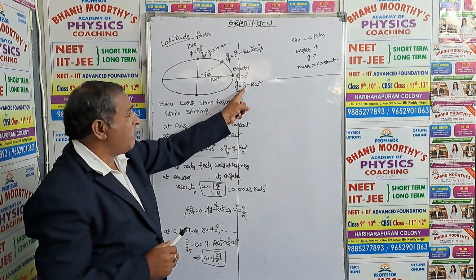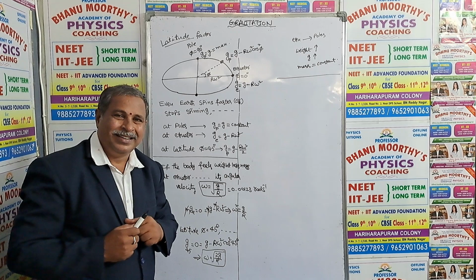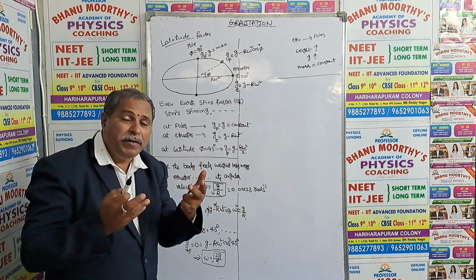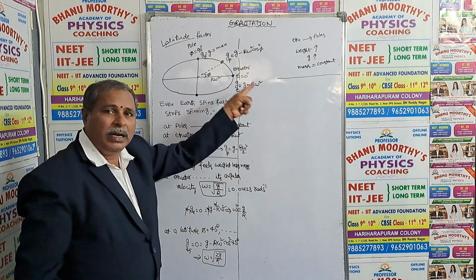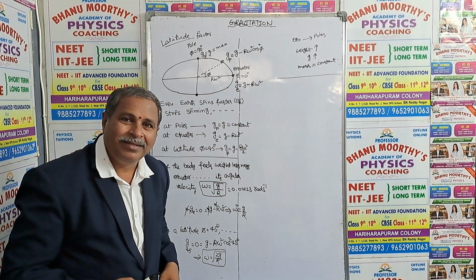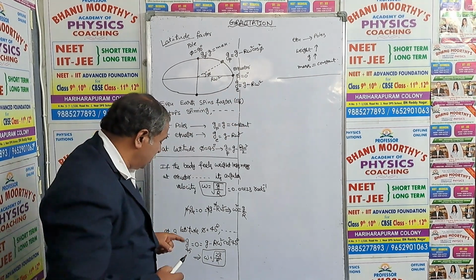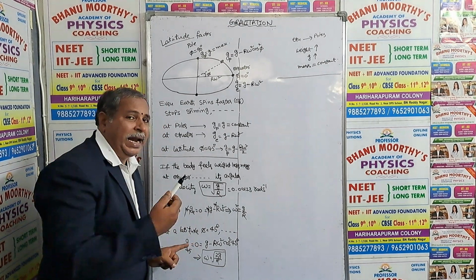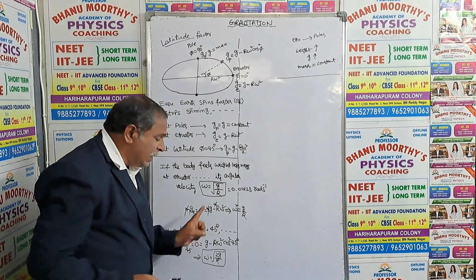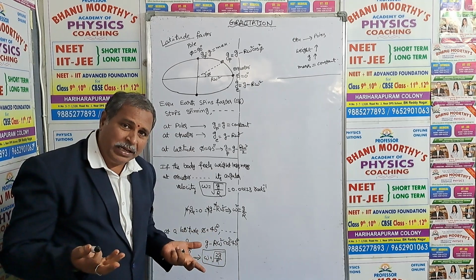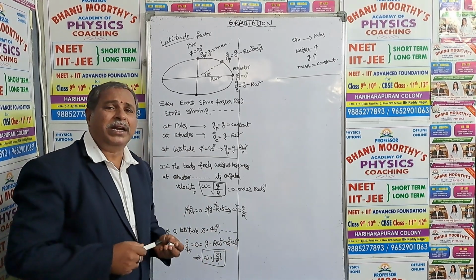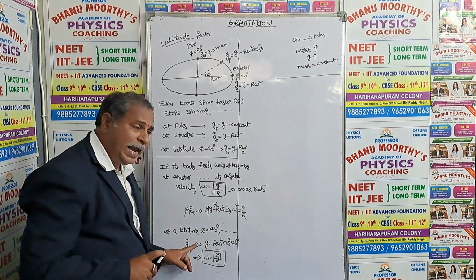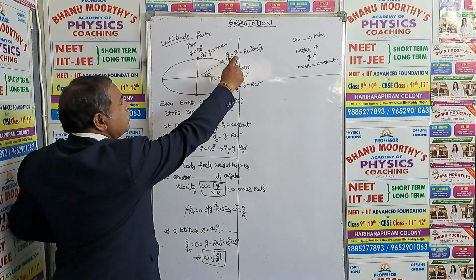So selecting the formula is very, very important. At the equator, if the body feels weightlessness, select this formula. You put 0 here, you will get omega equals under root g by r. Now my next question: at any other latitude, not only the equator, say 45 degrees, if the weight of the body becomes 0 at this latitude, then you select this formula.